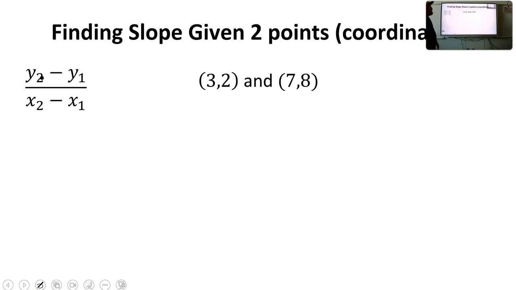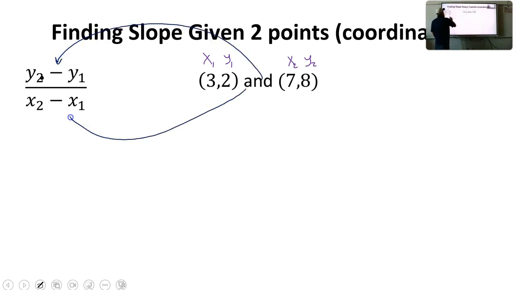Okay, so let's say we have a graph that goes to the coordinates 3, 2, and 7, 8. All right, so I'm going to call this x1. I'm going to call this y1. That's my first coordinate. My second coordinate, I'm going to call it x2, y2. So we're just going to simply plug it in to our formula to help us find the rise and the run.